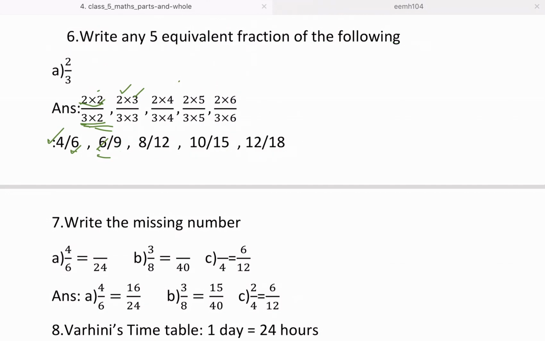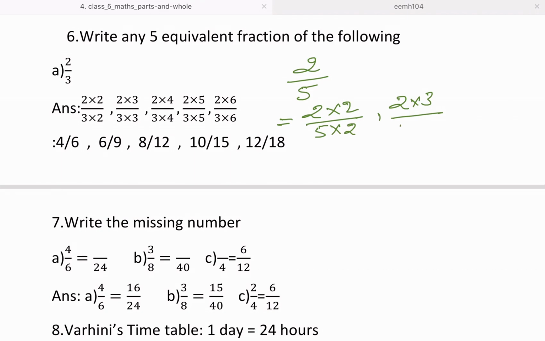Now you can write other equivalent fractions of 2 by 5. Then you will write 2 into 2 by 5 into 2. Then 2 into 3, 5 into 3.